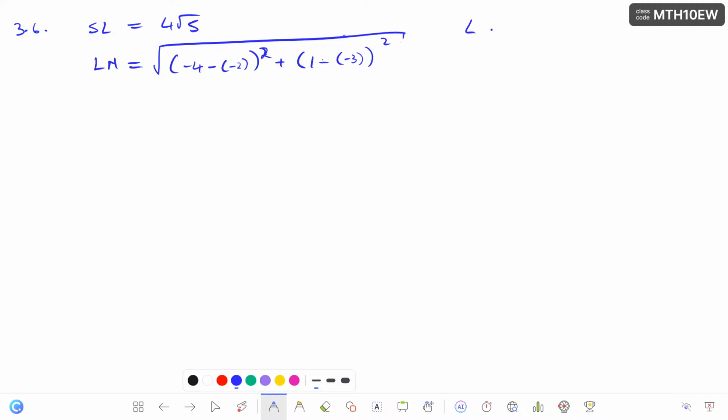So I'm using the L coordinate and the N coordinate, where L is -4 and 1, and N is -2 and -3.